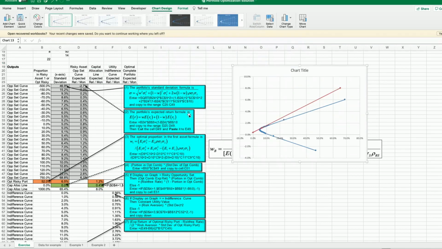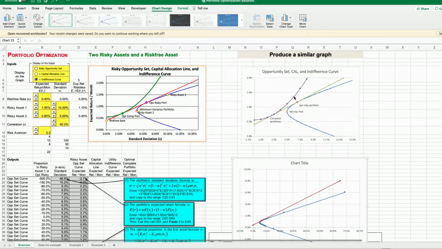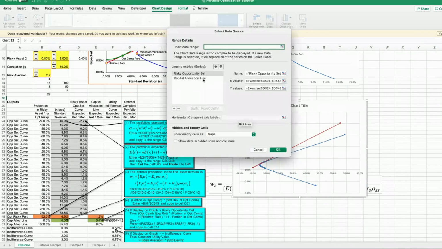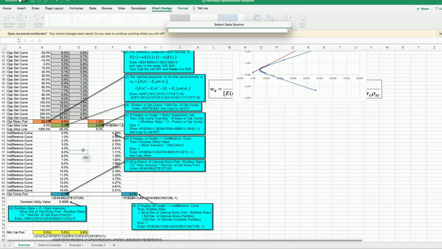Right, so then we can move on to adding the indifference curve. Select data, add. So the X value will be the standard deviation on this indifference curve, varying from 0% to 15%.